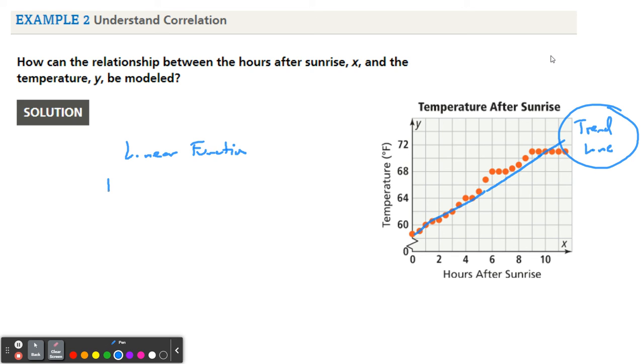So what this means is there's a positive correlation, or a positive association, correlation, C-O-R-R-E-L-A-T-I-O-N, between hours after sunrise and temperature.